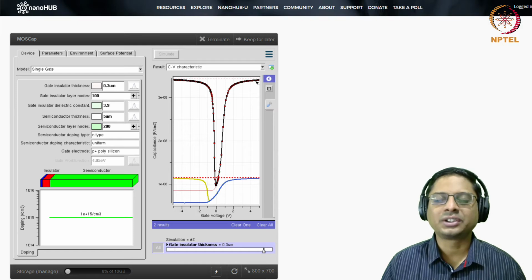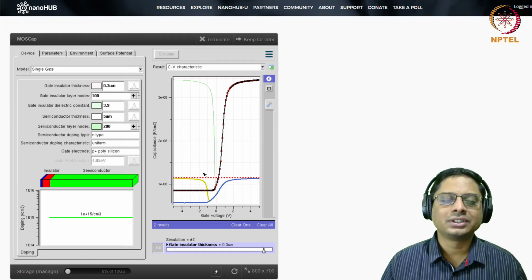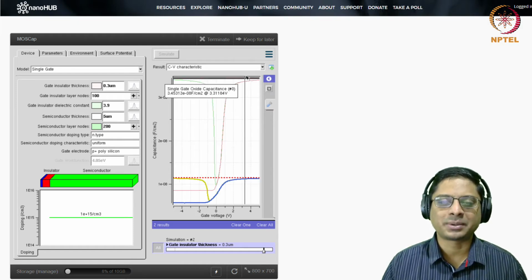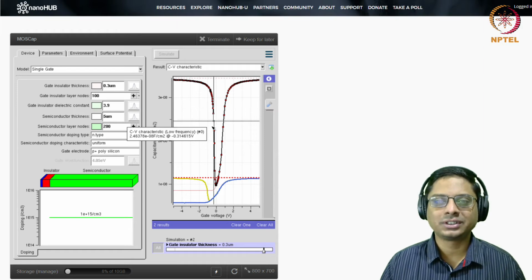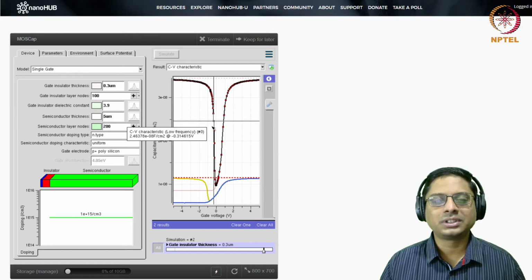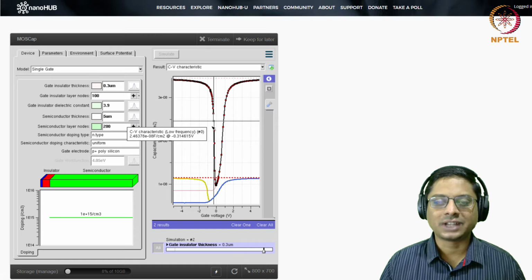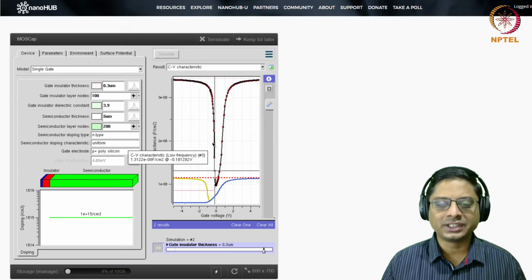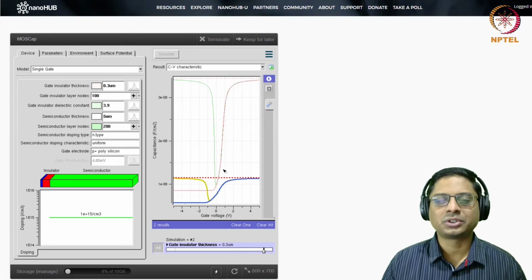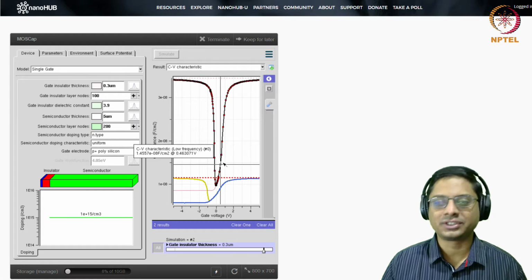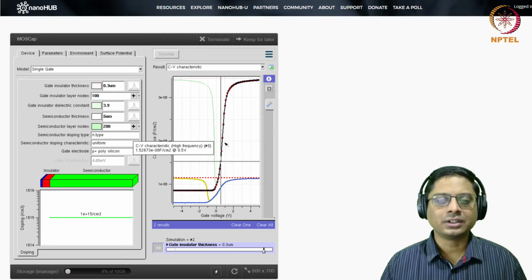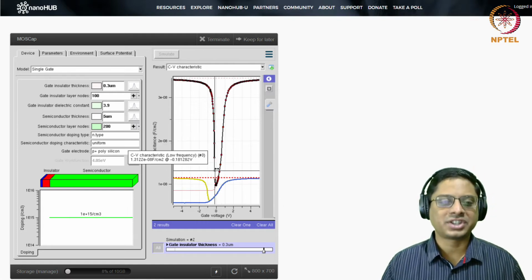We will introduce this in more detail later on. There's a significant change in the capacitance, so we're able to control the inversion charge much more effectively. That's why even the VT is smaller, because we are able to create the inversion charge very easily. So you can play around with these things and check it out.